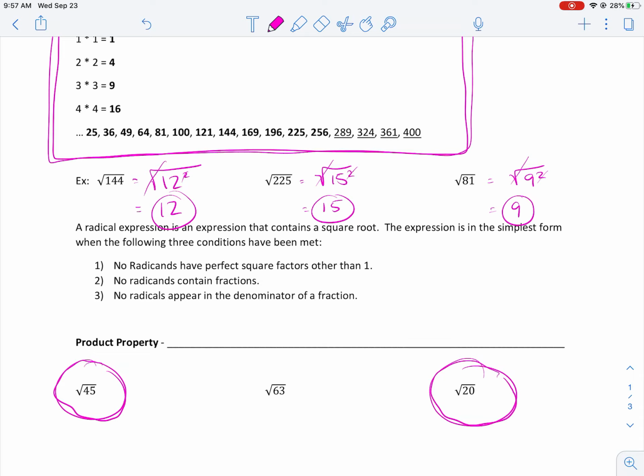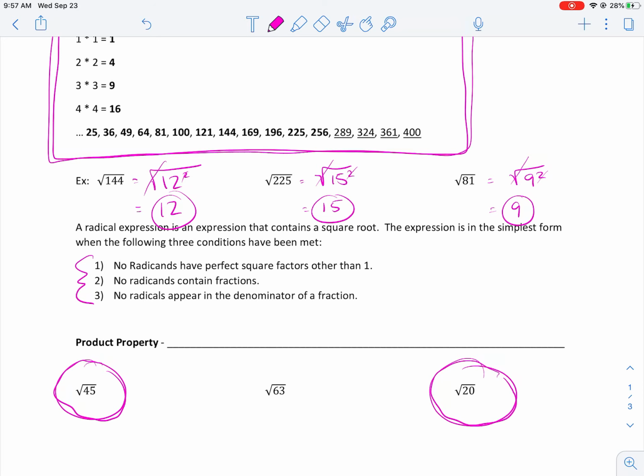So these 3 conditions need to be met when simplifying these expressions, and I'll discuss them as I continue down through. No radicands have perfect square factors other than 1, they don't contain fractions, and no radicals appear in the denominator of the fraction.